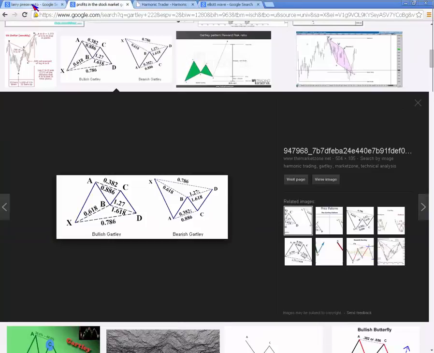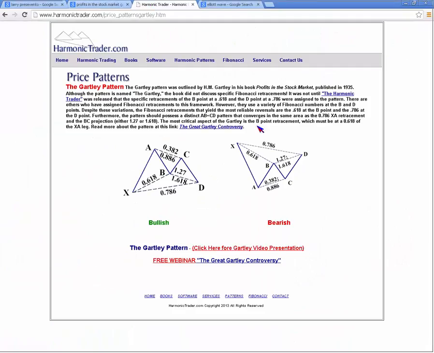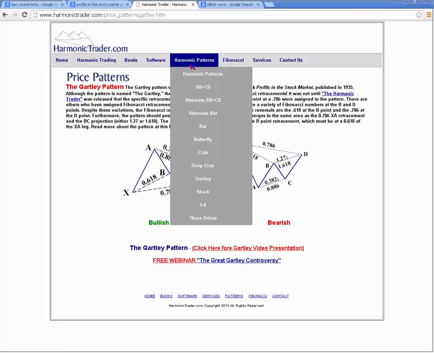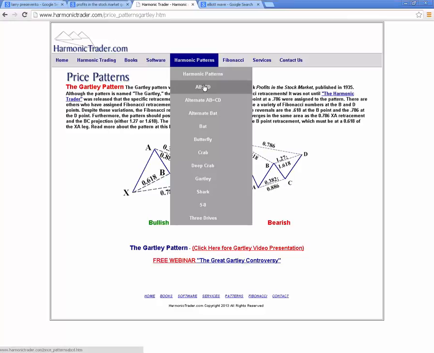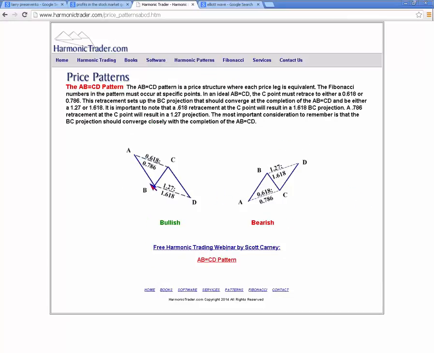Going back to harmonic trading, there are different patterns that we look at, and it all starts with the A to B, C to D relationship. That's the basis of every pattern. There's an X point, and the A to B, C to D has different ratios.